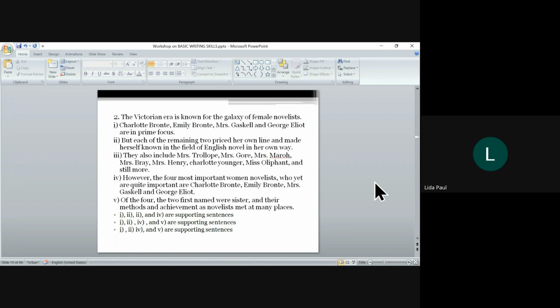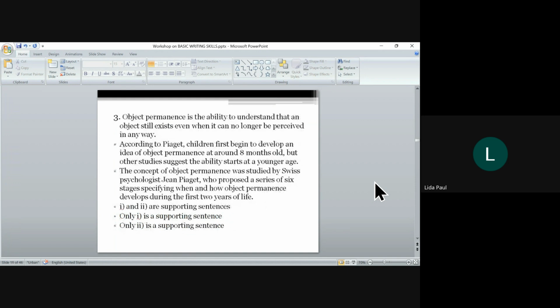Okay, third one, this should be easy for you. There are only 3 sentences. Can you read through and tell me which among the two you think is a supporting statement? Object permanence.